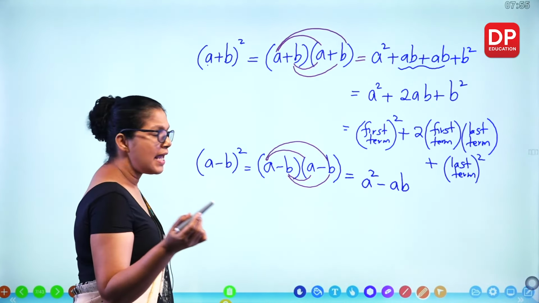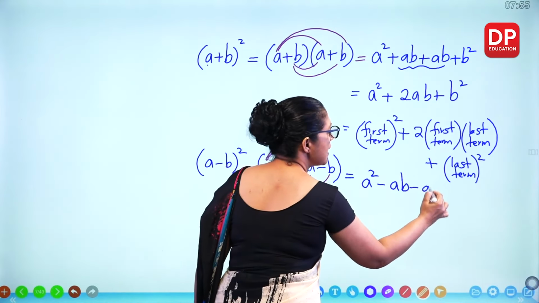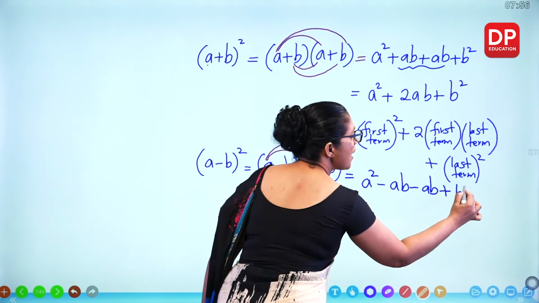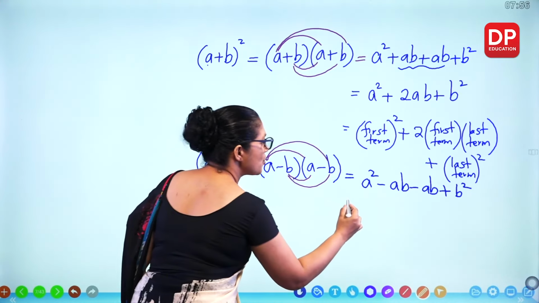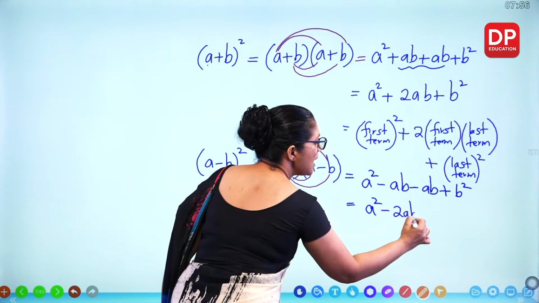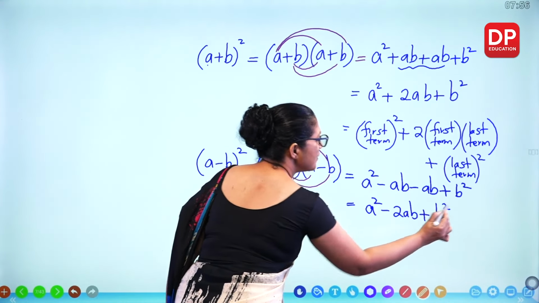Minus b times a, minus ab again. Minus b times minus b, you get plus b squared. So what you get now? a squared minus 2ab plus b squared.